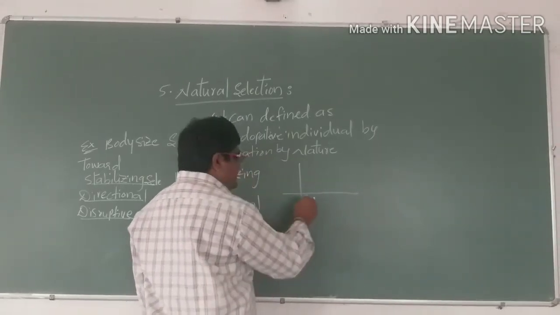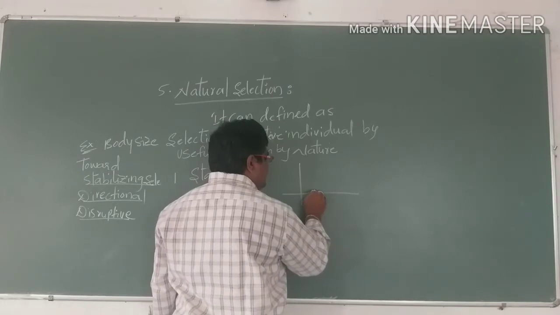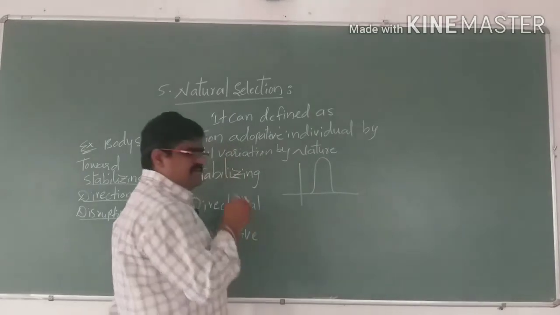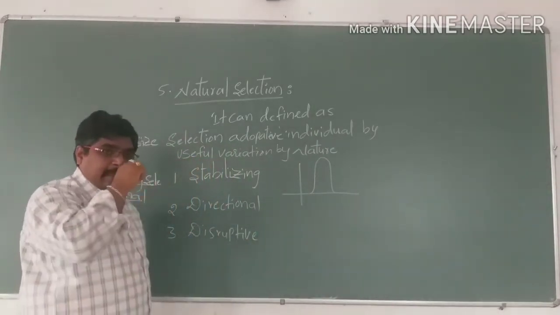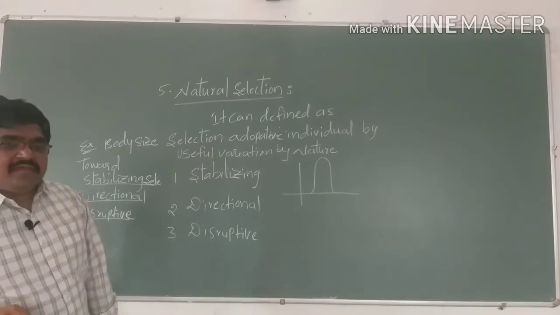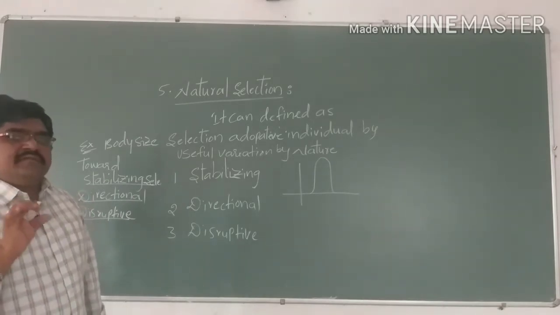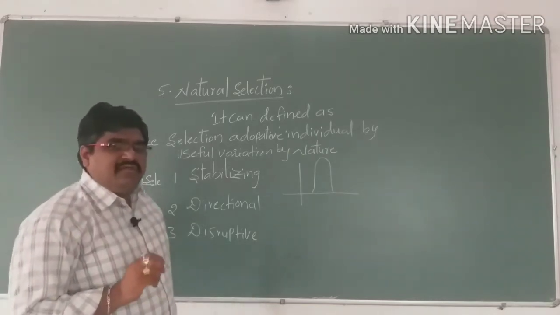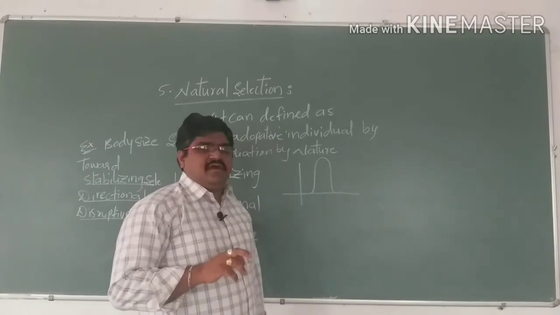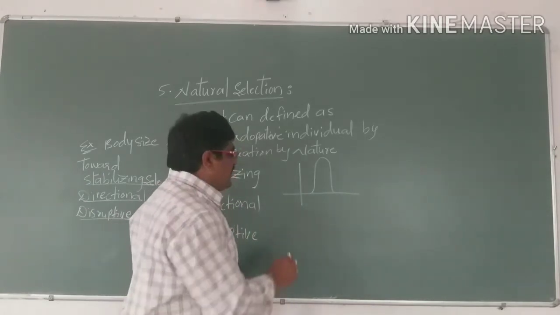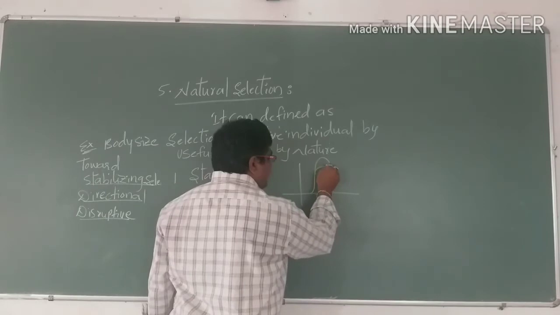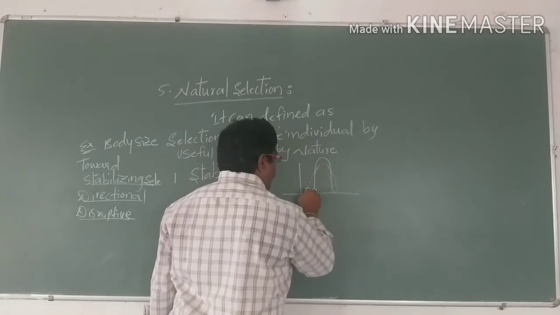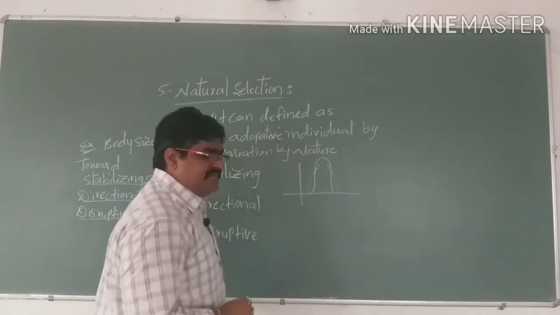In stabilizing selection, the mean size is always at a peak level. It shows that the species all have intermediate, average body sized organisms, where the mean level always stays constant and does not change. This is called stabilizing selection.